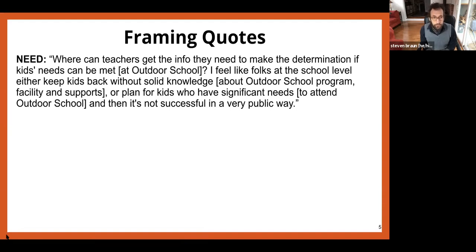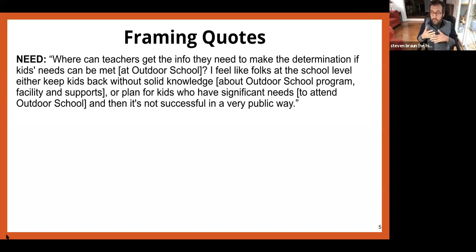They say, "Where can teachers get the info they need to make the determination if kids' needs can be met at outdoor school? I feel like folks at the school level either keep kids back without solid knowledge about the outdoor school program, facility, and supports, or plan for kids who have significant needs to attend outdoor school, and then it's not successful in a very public way."